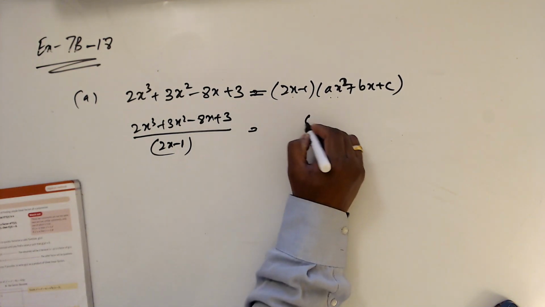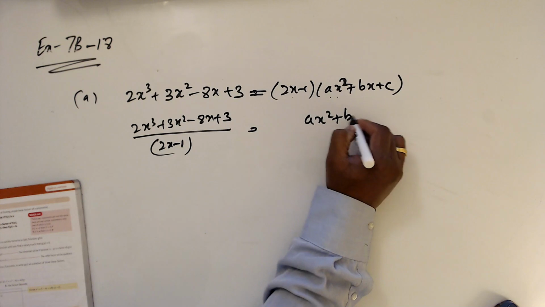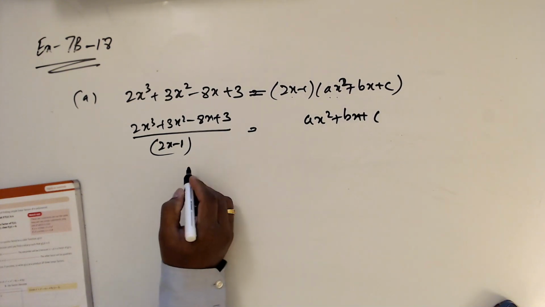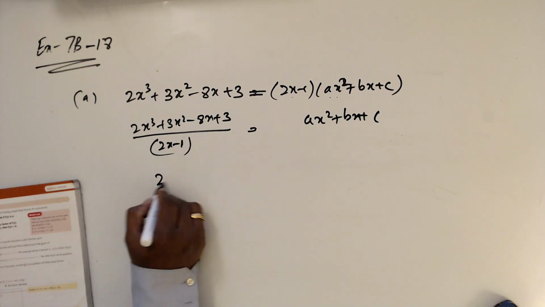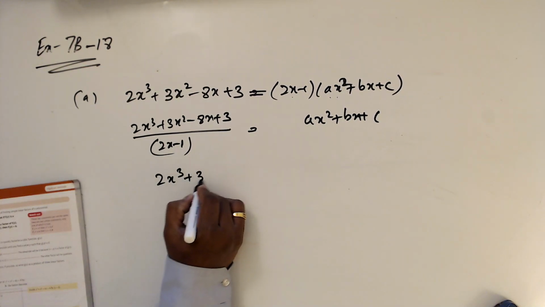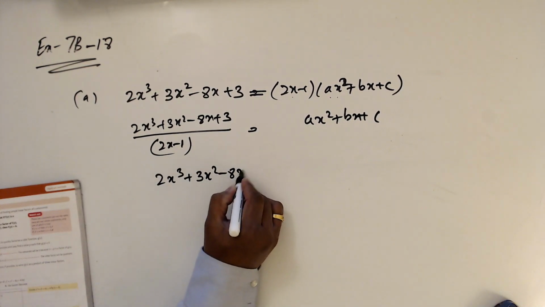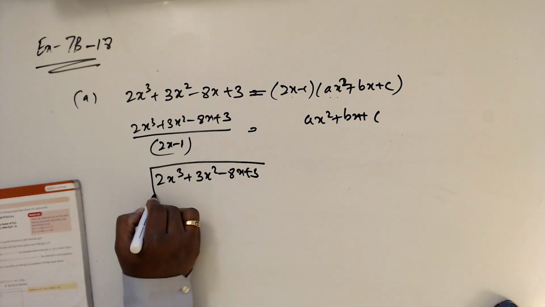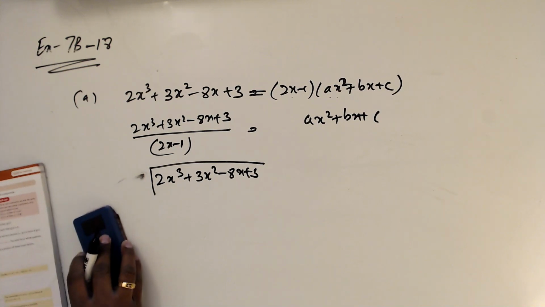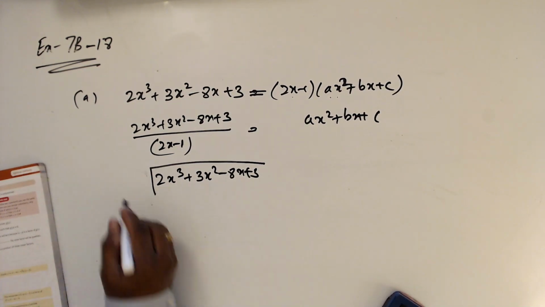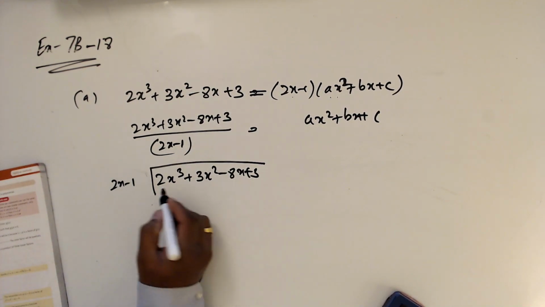And the answer has to be ax square plus bx plus c. Okay, we'll divide this one, hopefully the space is enough. This is going to be 2x minus 1.